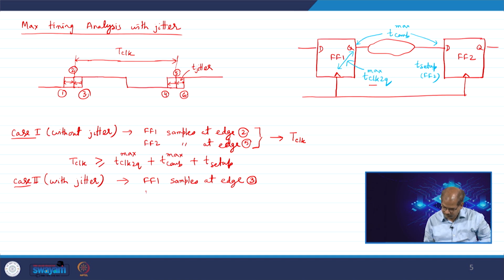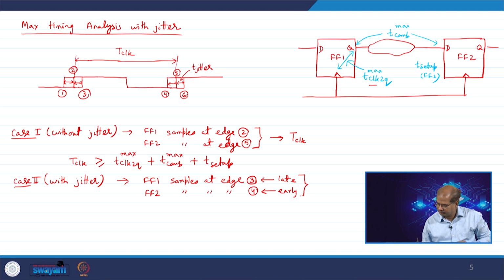Flip flop 2 will sample at edge 4. Because of the jitter, it samples early and captures early. So, this is my worst case.